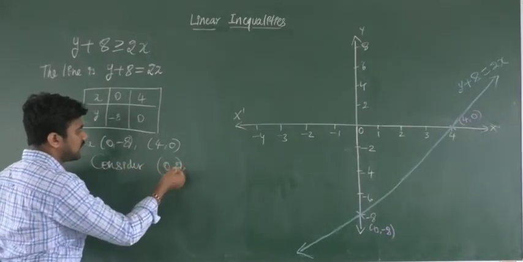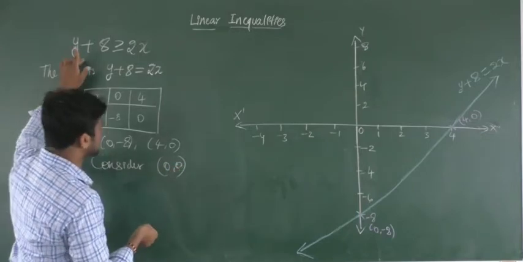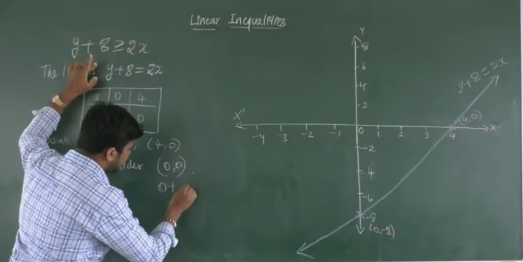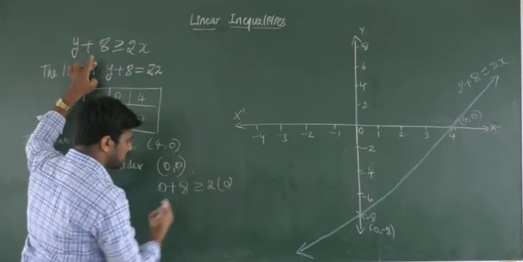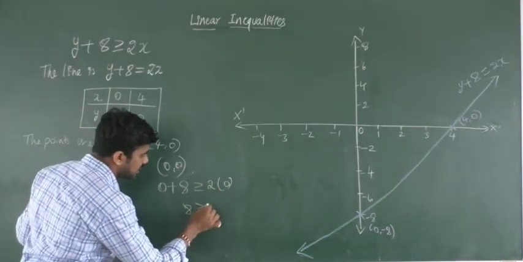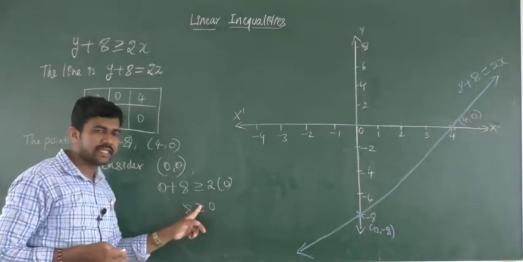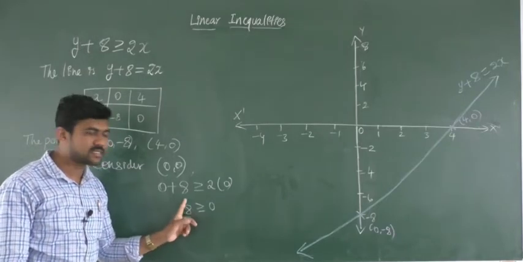Substitute the coordinates of this point in the given inequation, then what will we get? 0 plus 8 is greater than or equal to 2 into 0, or 0 plus 8 is nothing but 8 greater than or equal to 0. Whether 8 is greater than or equal to 0, clearly 8 is greater than 0.